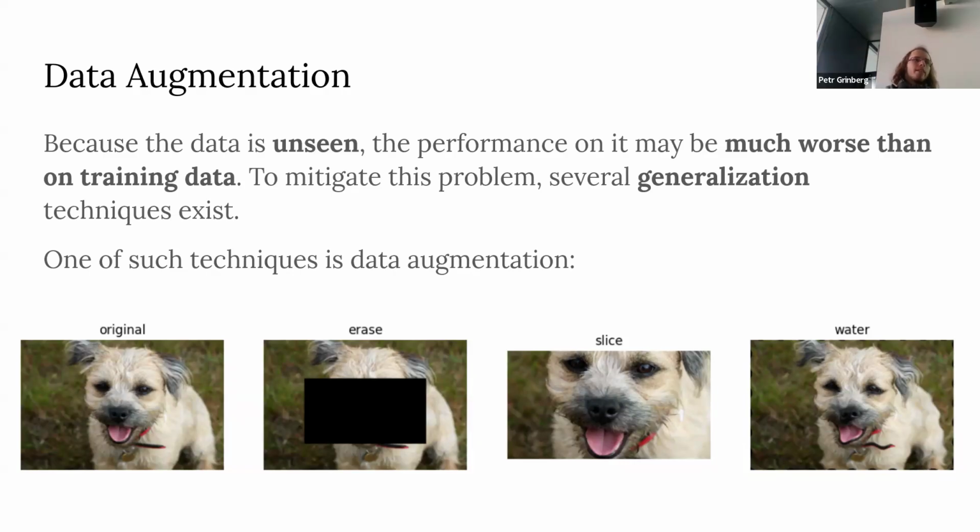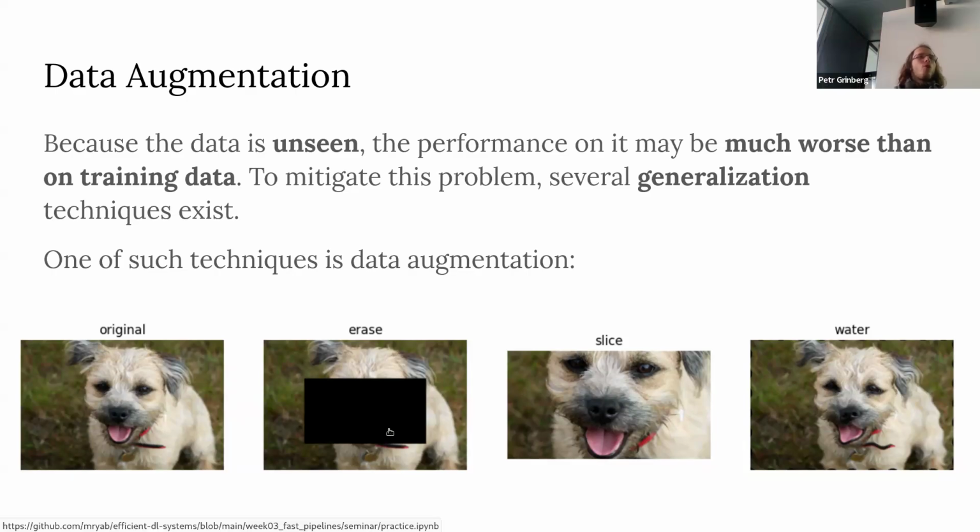So you have your training data and you want to transform it slightly so the ground truth output is still the same, but the input is slightly different. For example, you have a picture of a dog. If I erase the face of the dog, you as humans still know that this is a dog because it looks like a dog.